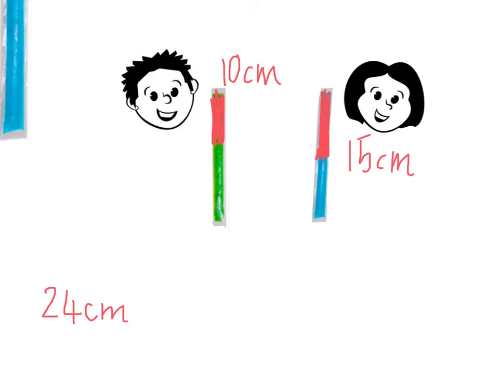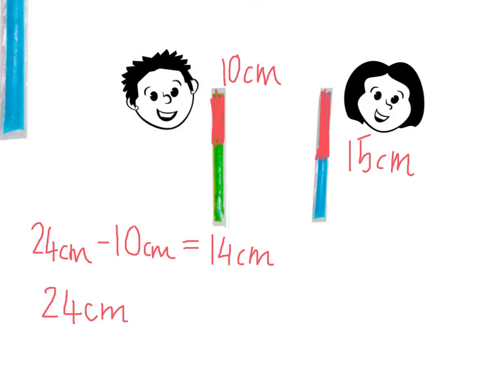So Mark started off with 24 centimetres of ice block. That was the total length he started with. Now, he ate 10 centimetres, so I'm going to take away 10 centimetres because that's how much he ate. And how much has he got left? 24 centimetres take away 10 centimetres, which equals 14 centimetres. That's how much he has left to eat.